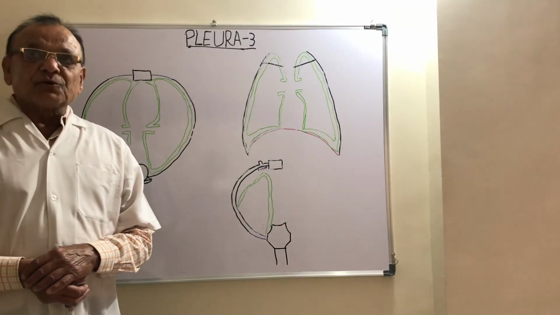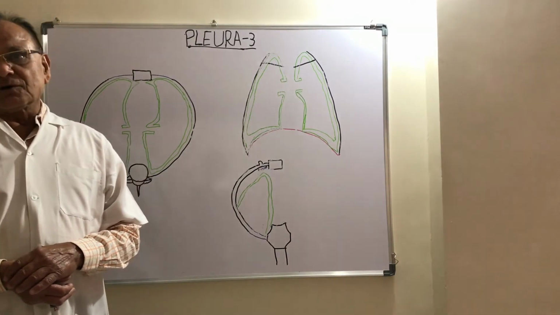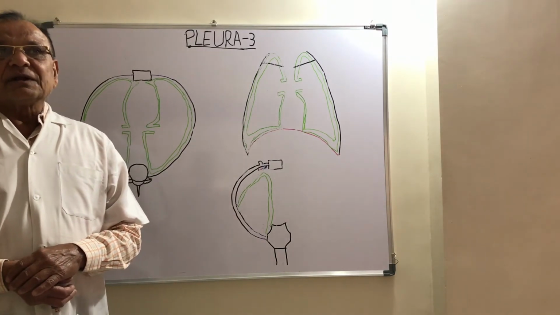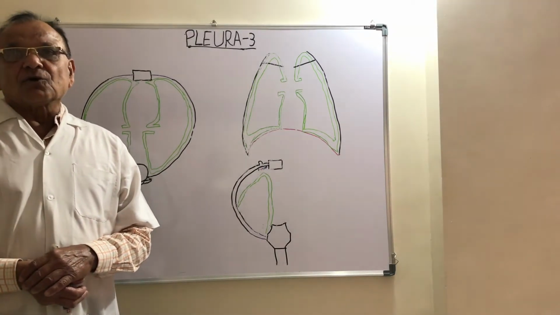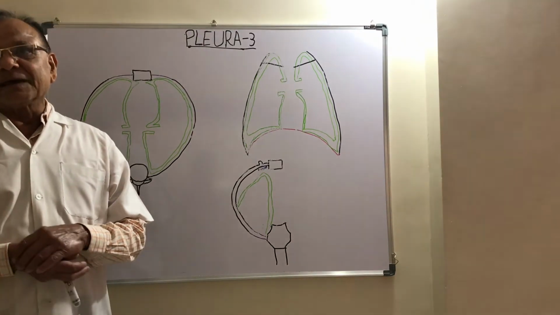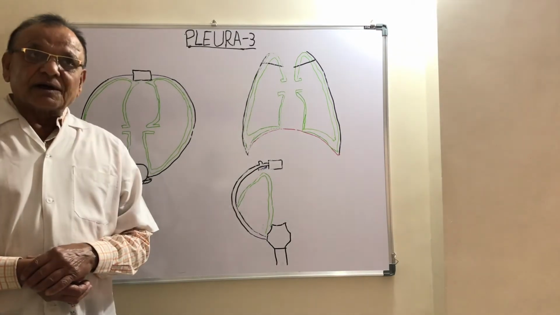Now the parietal pleura covers the body wall. So naturally the arteries supplying the wall of the thorax also supply the parietal pleura.